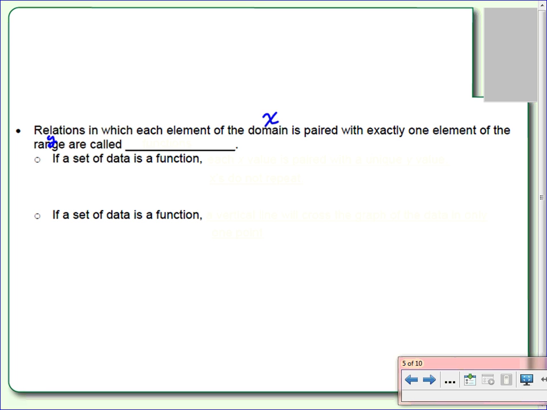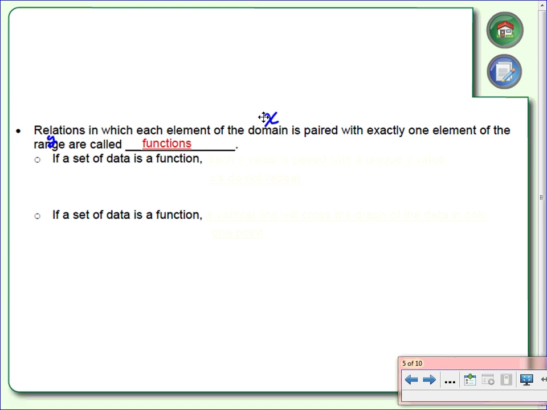Y. So again, we're looking for a set of ordered pairs where each X is paired with exactly one Y. We call that a function. That's another important one. If you look over there at the word wall, it's in green. Function. A function is a set of ordered pairs where each X is paired with exactly one Y.